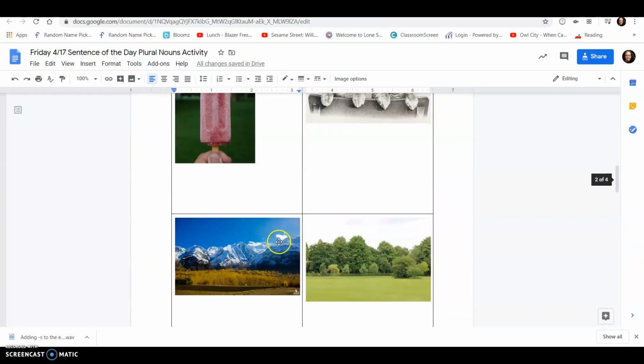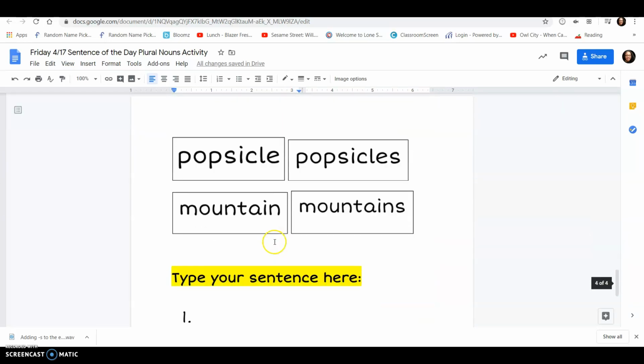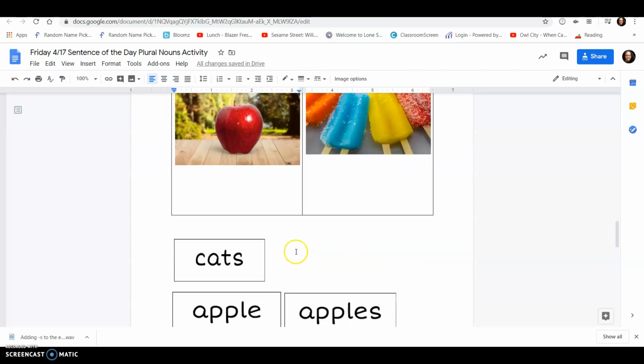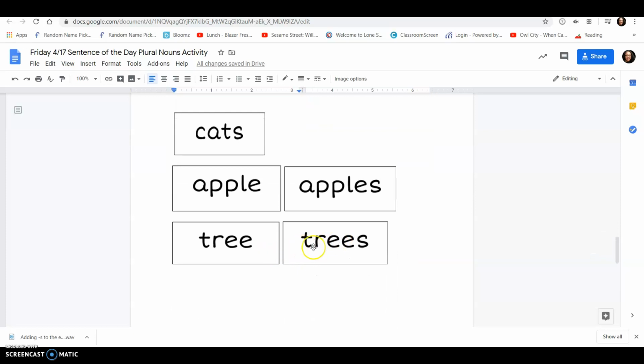Now, I'm going to go back down and I'm going to find another one because I want to show you something with S. Okay, let's look at this one. Trees, trees. So this has an S at the end of this word, which means that it is a plural noun and it means more than one tree.